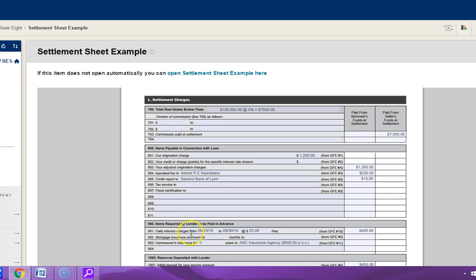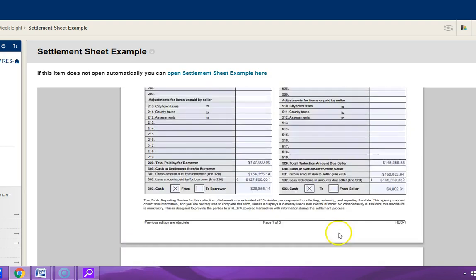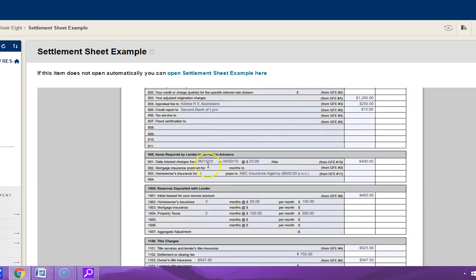The other thing that the bank is going to collect at closing is what's called per diem interest. And that's interest from the day of the closing, which is September 15th, 2010 in my case, to the last day of that month. And then the bank would tell you exactly what the interest is per day on the loan.